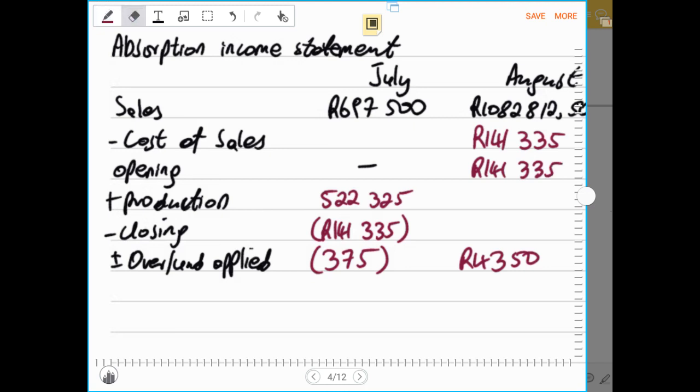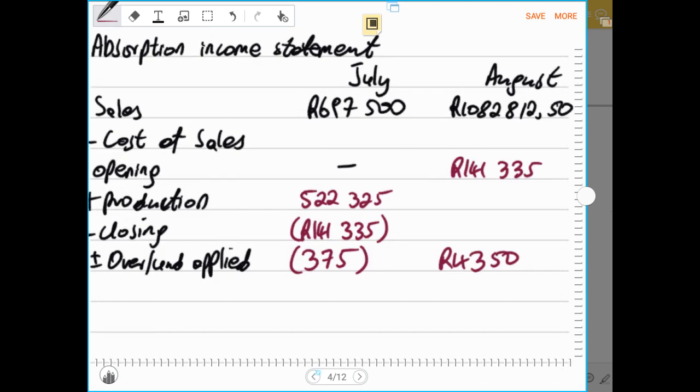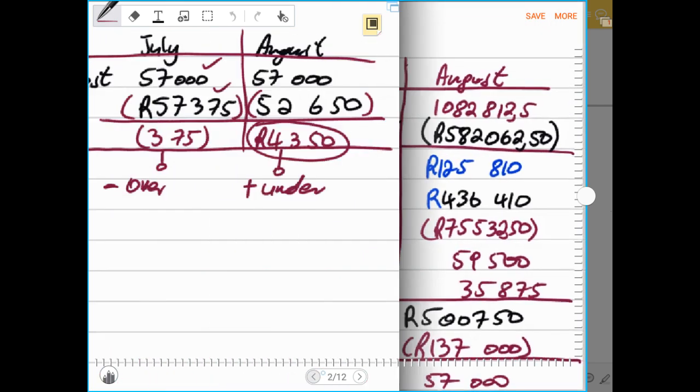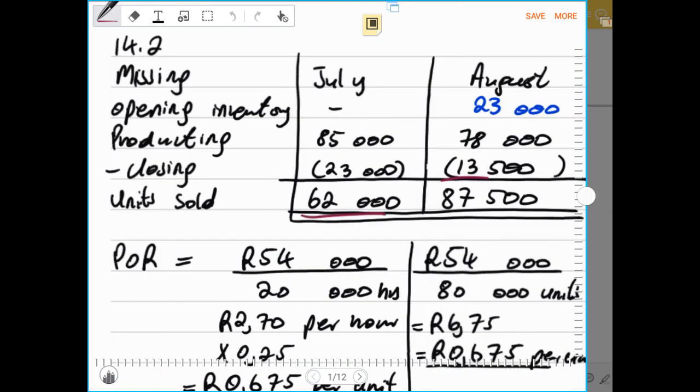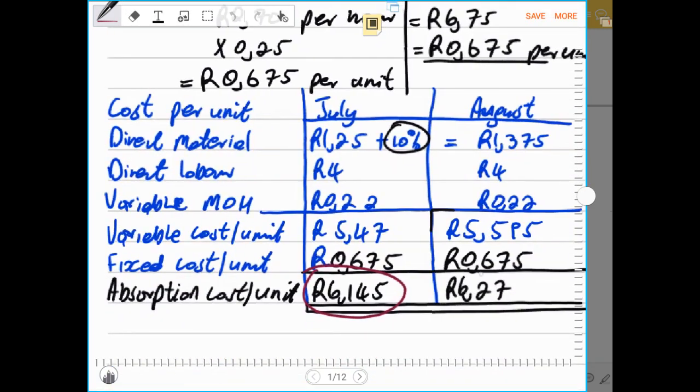Then we go straight to the production of the month of August. The production of August will be based on the cost of August, and the cost of August was 6.27.